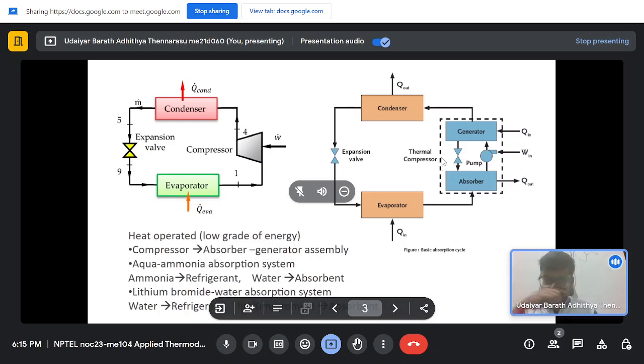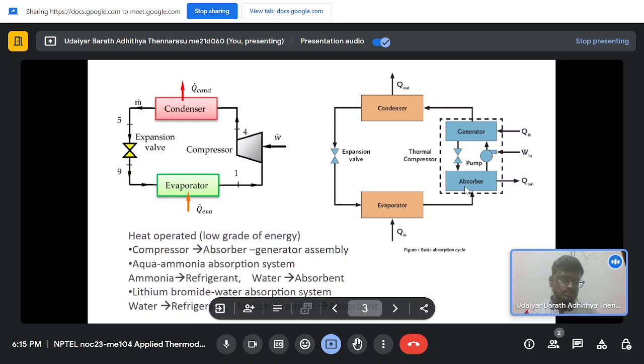So how this works: you have an evaporator where you pick up heat, and then the refrigerant gets absorbed in the absorber by the absorbent, and they form a solution. Now this is a dilute solution, because initially assume the absorbent is water, and the refrigerant is ammonia. So ammonia comes and mixes with water and forms a solution.